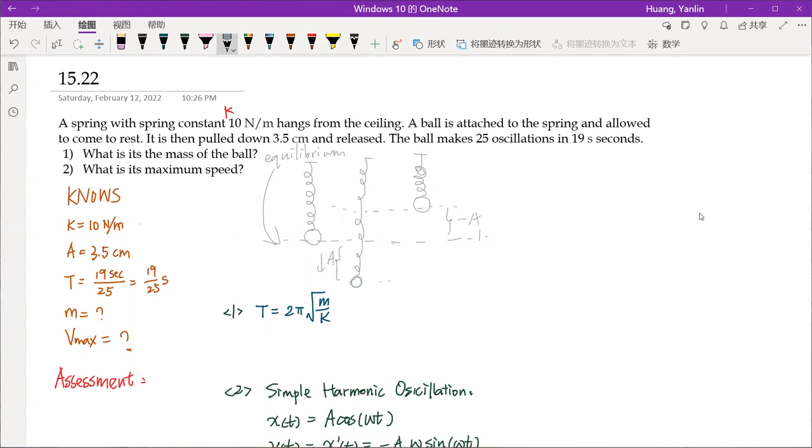So the amplitude A is equal to 3.5 centimeter, as the question says.